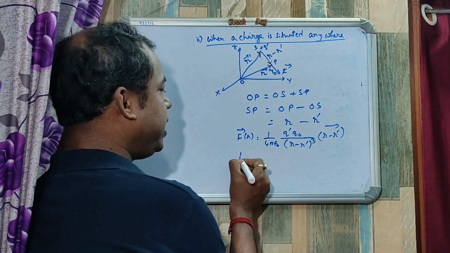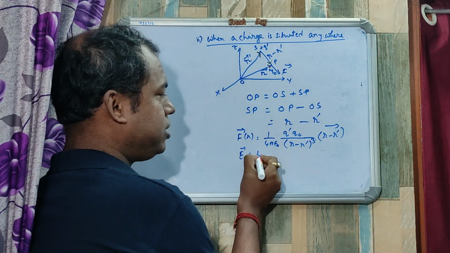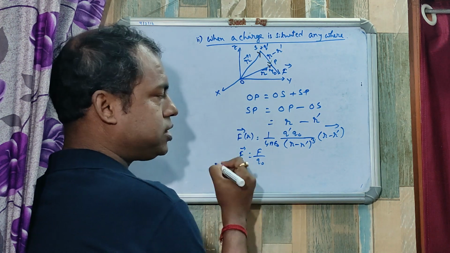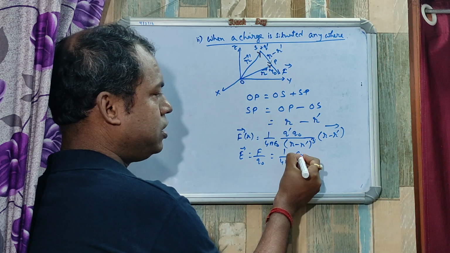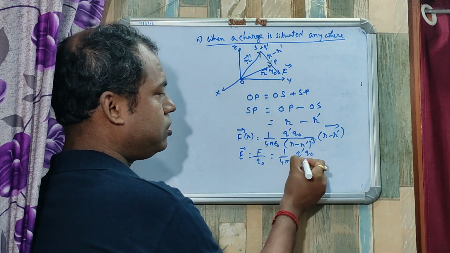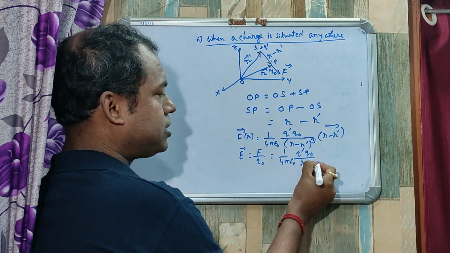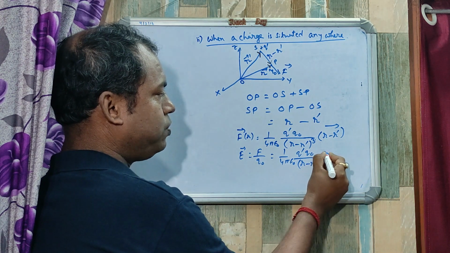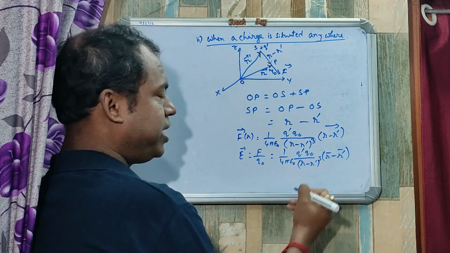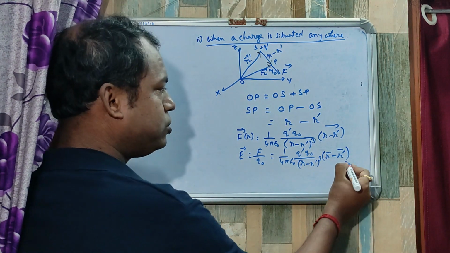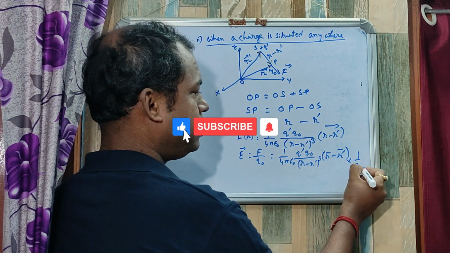Okay, so this is the value of the force. Now we find the electric intensity again. Electric intensity equals force by test charge, so this is 1 by 4 pi epsilon naught, Q dash Q0 by the cube of the magnitude of R minus R dash, into the vector R minus vector R dash, into 1 by Q0.